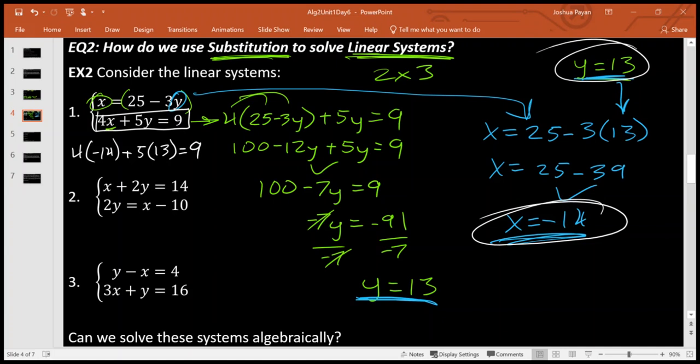All right, well, let's pull up our handy-dandy calculator to make sure I don't screw this up. Okay, so 4 times negative 14, right, plus 5 times 13, and there it is, I get 9. Okay, so I know this works.